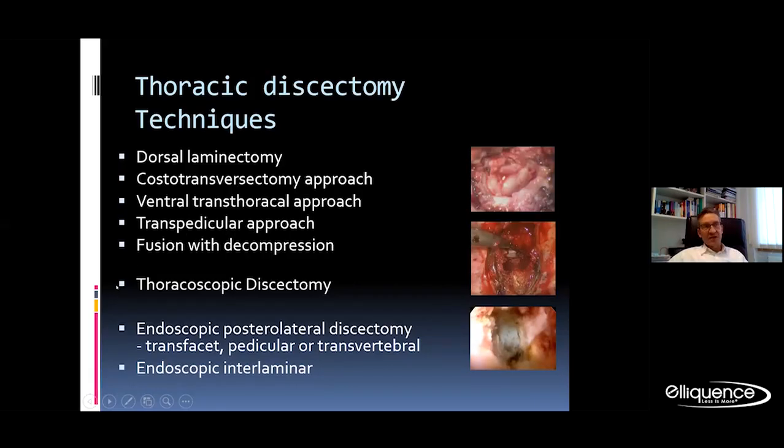This was the first endoscopic technique on the thoracic spine, the thoracoscopic discectomy. Meanwhile, most of the cases we do with an endoscopic posterolateral discectomy. And even here we have different techniques: transfacet, pedicular or transvertebral. And we have the endoscopic interlaminar techniques.